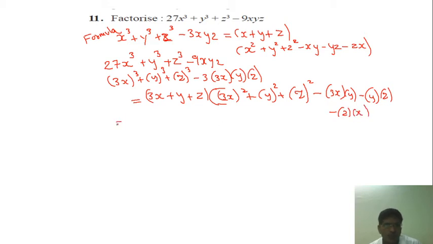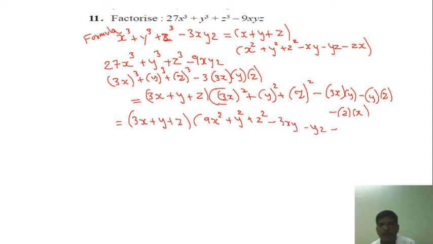So therefore the answer is 3x plus y plus z and 9x square plus y square plus z square minus 3xy minus yz minus zx.